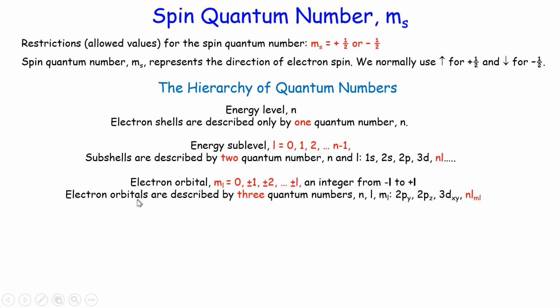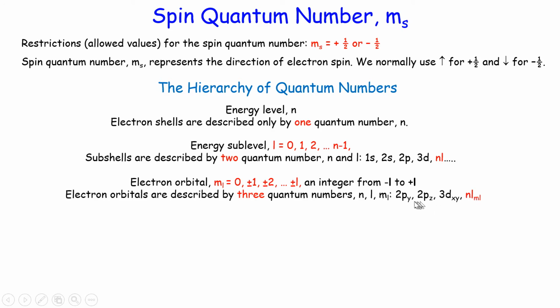The orbitals, however, are described by 3 quantum numbers. What are the 3 quantum numbers? n, l, and ml.